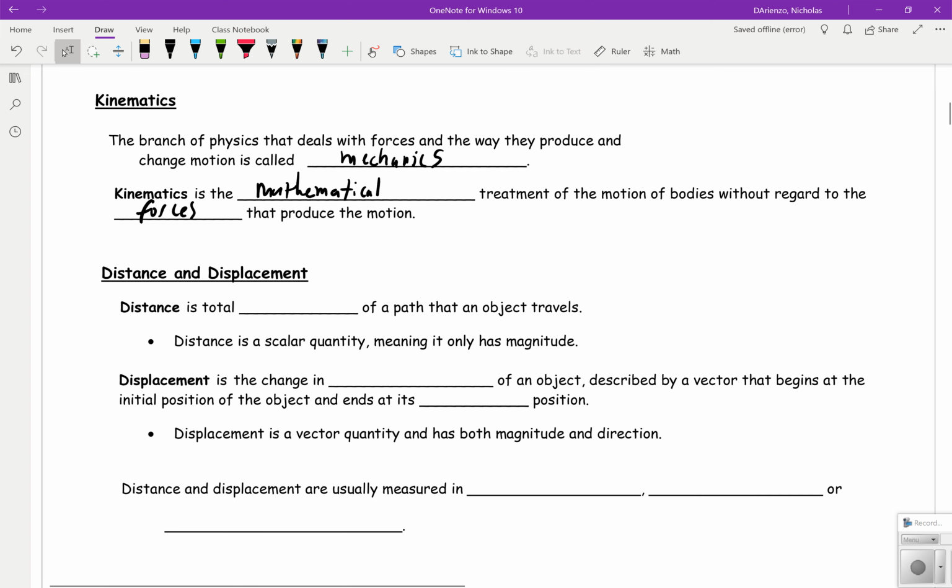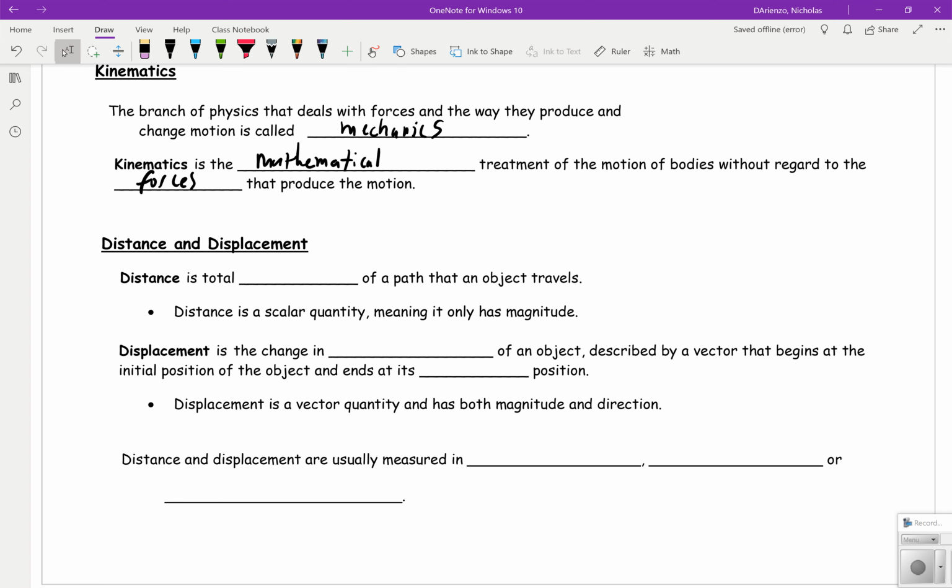In order to do this, we need to understand the difference between distance and displacement. Here we'll get into the difference between scalar and vector quantities. Distance is the total length of a path that an object travels. Distance is a scalar quantity, meaning that we describe that quantity just by its magnitude. For example, this is my oval track.